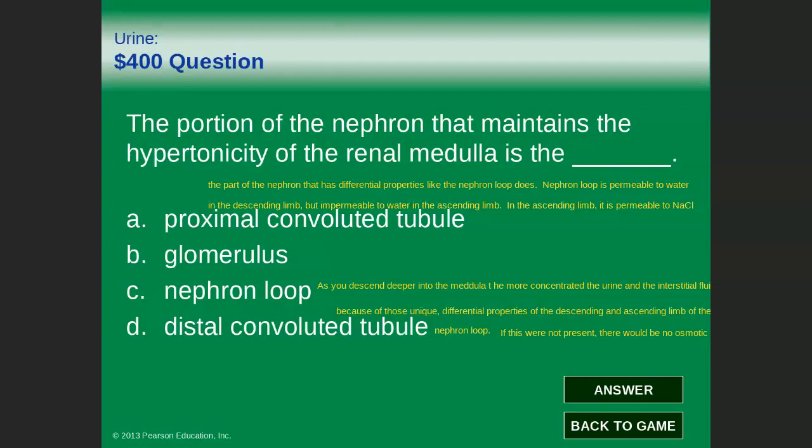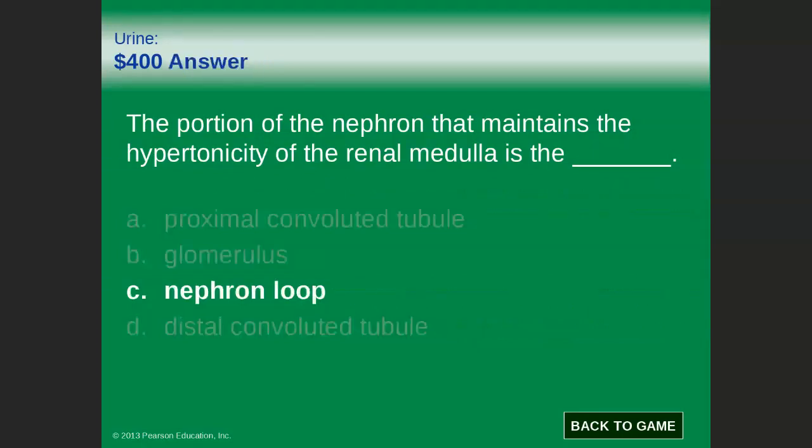That's why you want to avoid drugs like diuretics too much, because you want that nephron loop to function correctly.